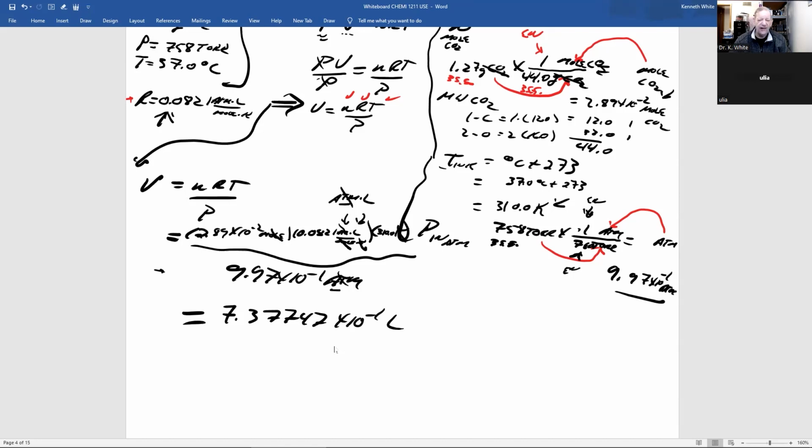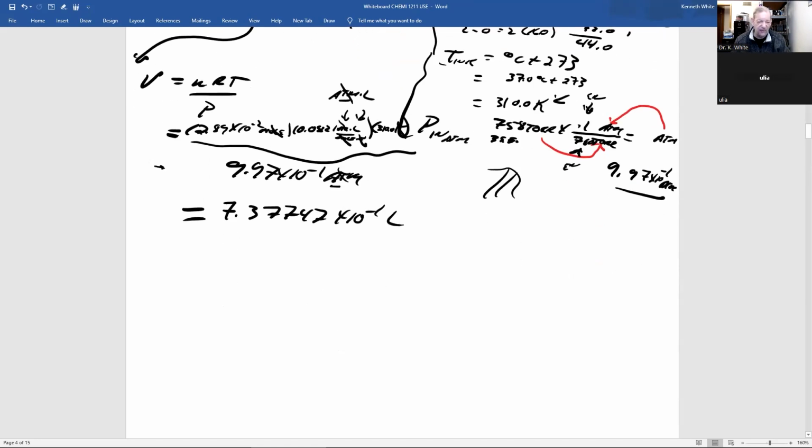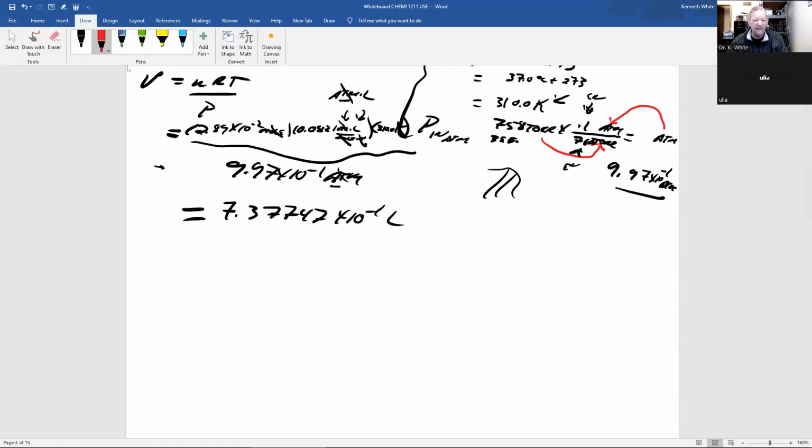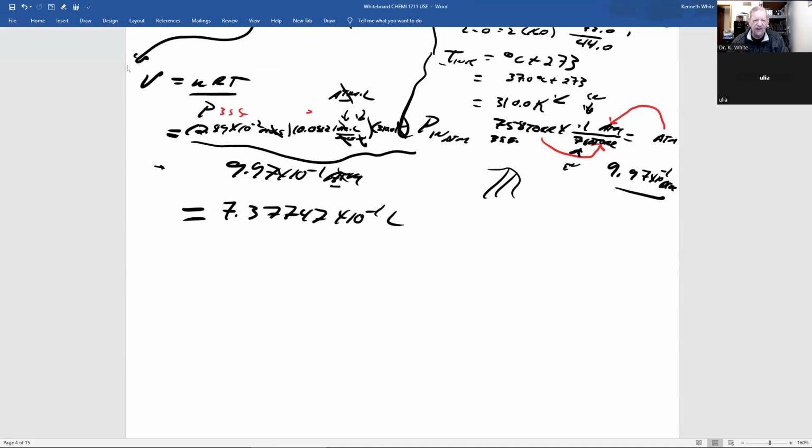Now, this is one of those multiple step calculations. We did a lot right over here. And you can round off at each step, and I'm a round off at each step person, or you can wait till the very end. I'm only doing it one way. And remember, when you multiply and divide, the answer has the number with the fewest significant figures. This is 3 significant figures.